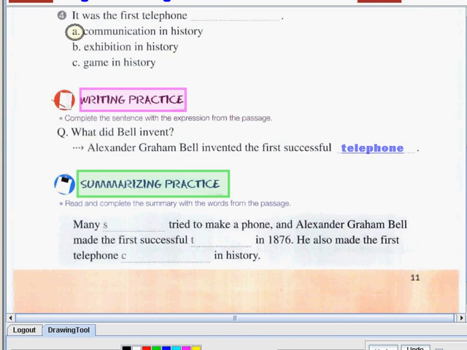I will read it, and then you will find out the correct word that is missing on these sentences. I will start now. Many blank tried to make a phone, and Alexander Graham Bell made the first successful blank in 1876. He also made the first telephone blank in history. So now, find out the correct answers.